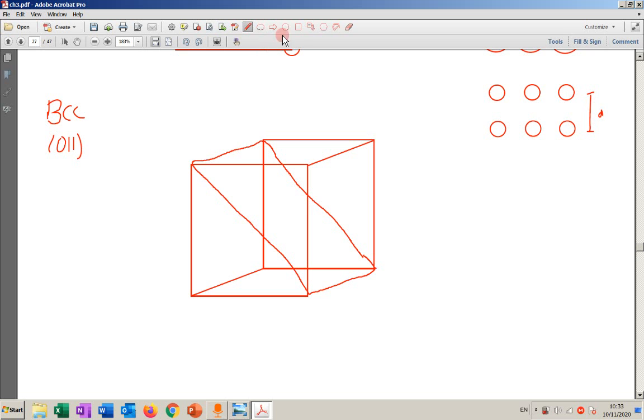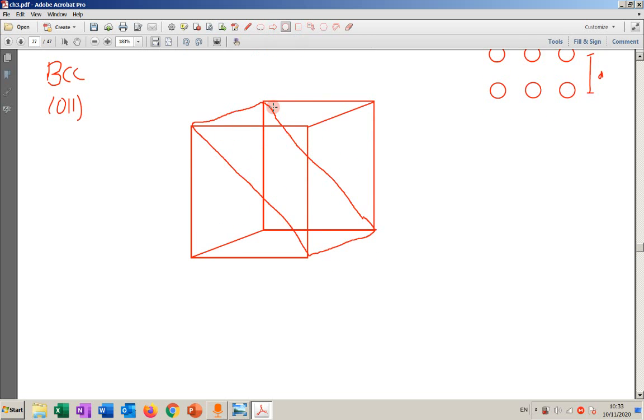We said in order to do the rest of the calculation we need to specify the location of atoms. Since we have BCC, we have one at each corner, and one will be in the middle. Why?